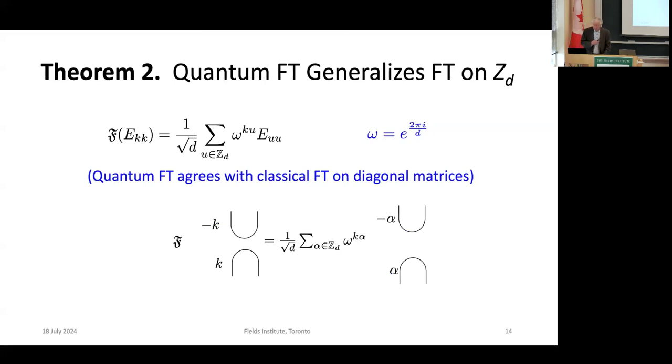Here I wrote it out in terms of pictures, the same equation as the top one. Now, I don't want to go through the proof, but I wanted to show you it's a very elementary calculation using the things that I've already said.